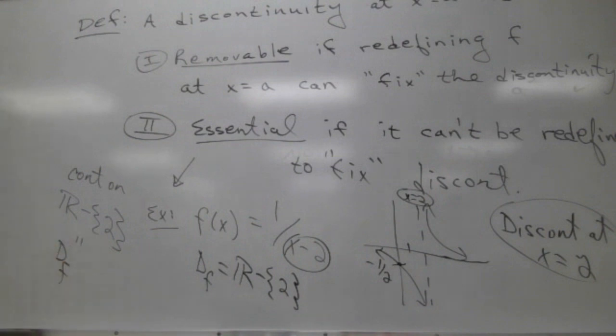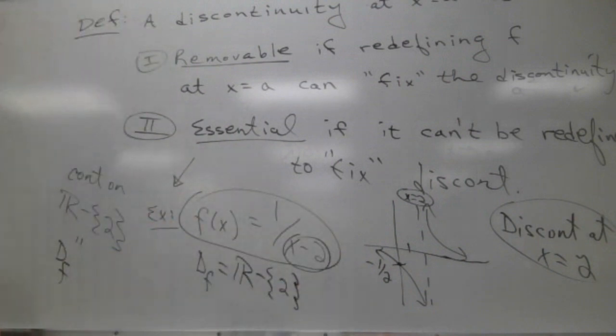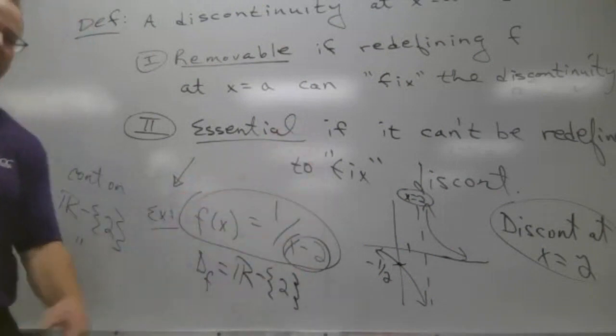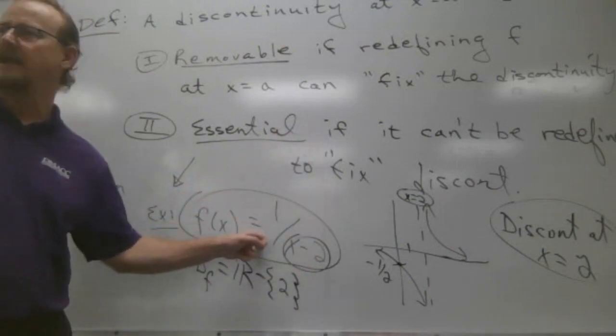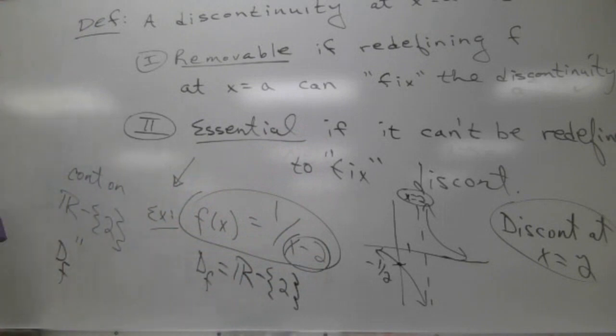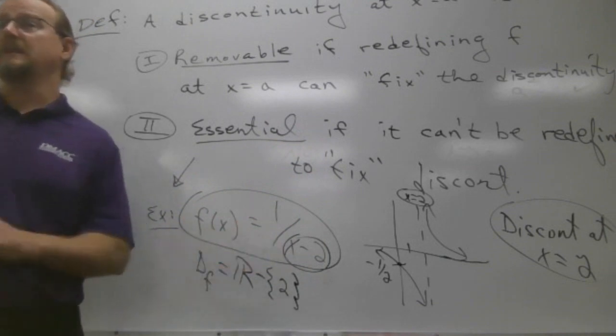What can we say about this function? This is a rational function because it's got a quotient in it. We can say this is a continuous function, since it's continuous on its domain. That doesn't mean it's continuous everywhere, just on its domain.